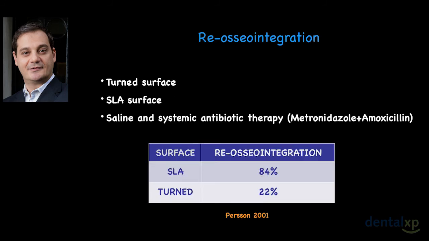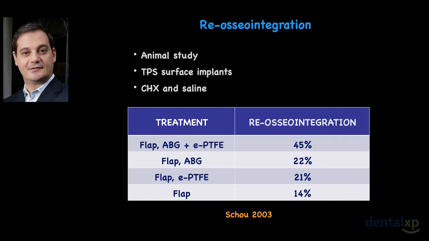But if we look at the studies that have compared the reosseointegration, you can see that you will have better chances of reosseointegrating a roughened surface compared to a turned surface. So again, this is something to keep in mind, that if we decontaminate and we still have a roughened surface, we might have more reosseointegration with the treatment.